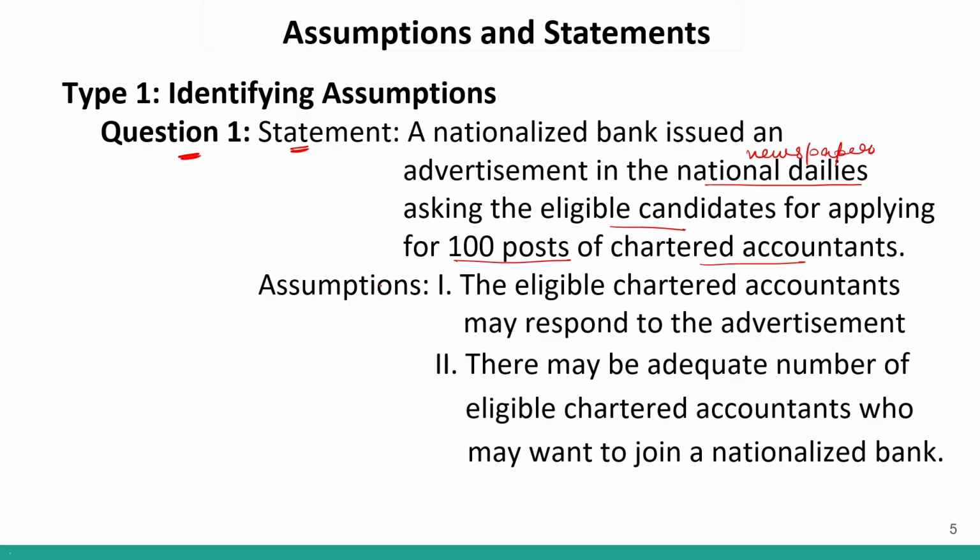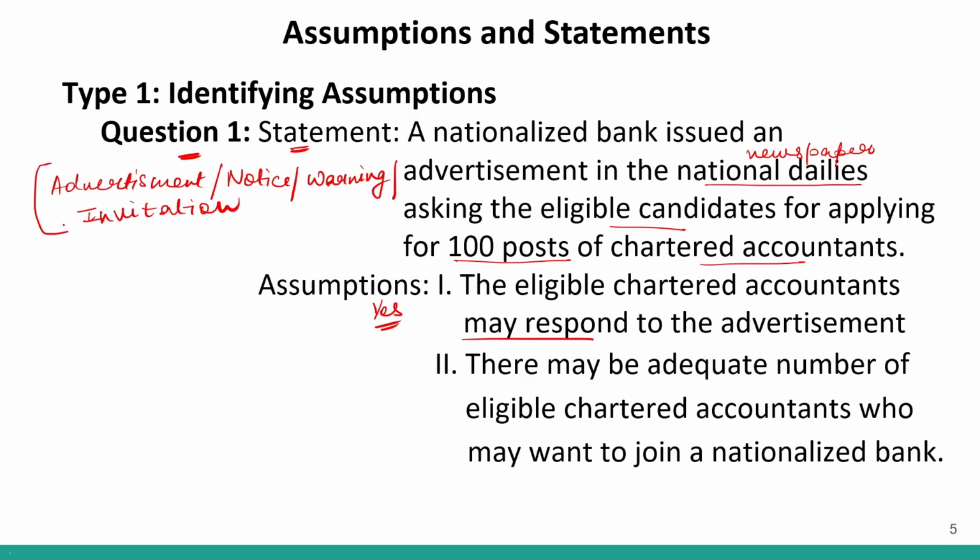First assumption is the eligible chartered accountants may respond to the advertisement. So this is obviously a correct assumption. Whenever we put out an advertisement or a notice or a warning, or an invitation also, what is the intention?